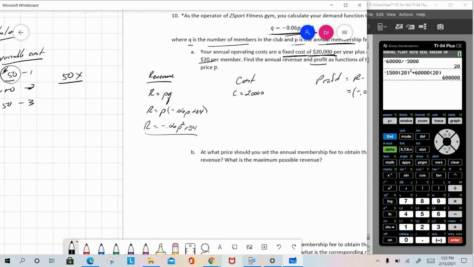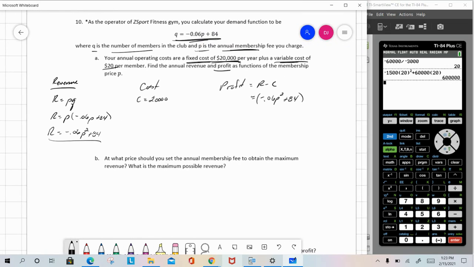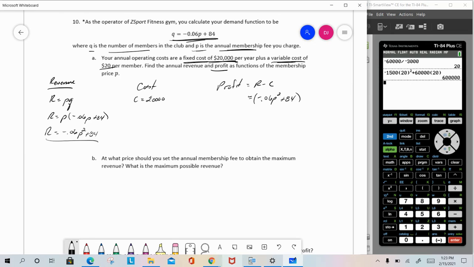Okay, so notice here that your annual operating costs are a fixed cost of $20,000 per year. That's your cost of being able to run your gym. Then you have variable costs, which is $20 per member.